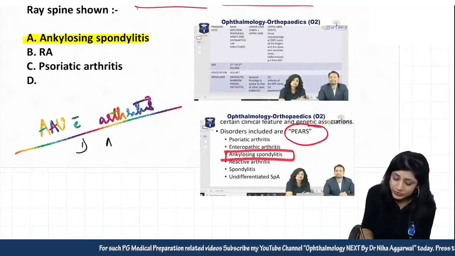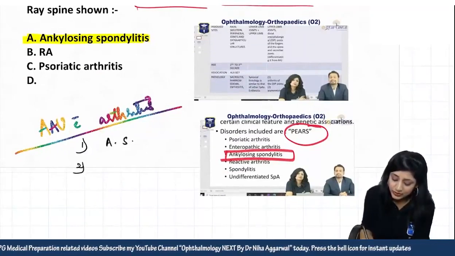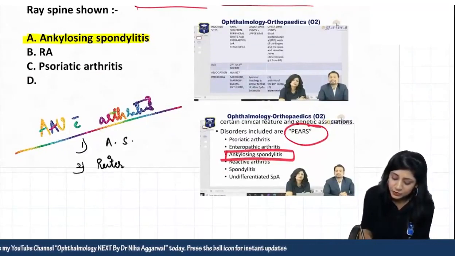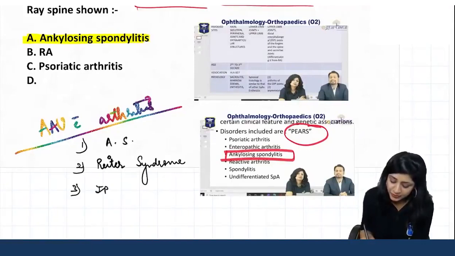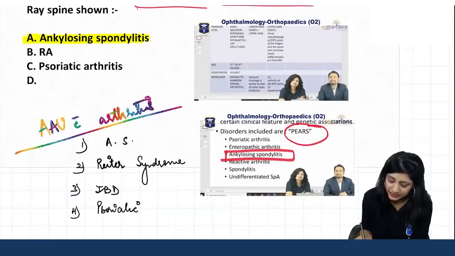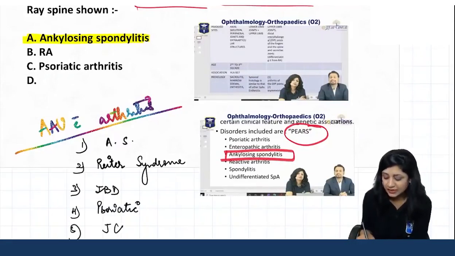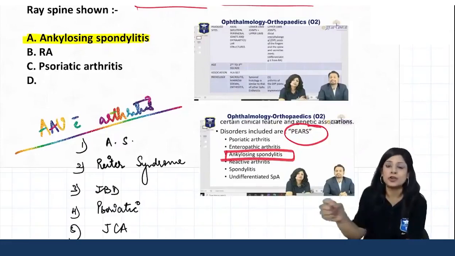Number 1, ankylosing spondylitis. Number 2, Reiter syndrome. If you check the notes, you will get them. Number 3, we have the inflammatory bowel diseases. Number 4, psoriatic arthritis. And number 5 is juvenile chronic arthritis or juvenile rheumatoid arthritis.